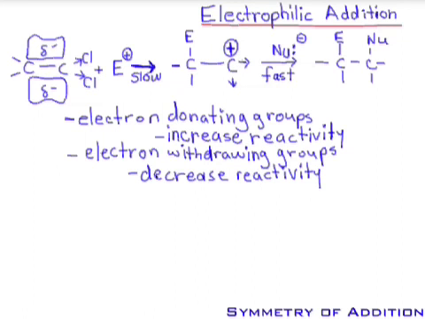What about the direction? What if we have an alkene that's asymmetrical, such as this guy?